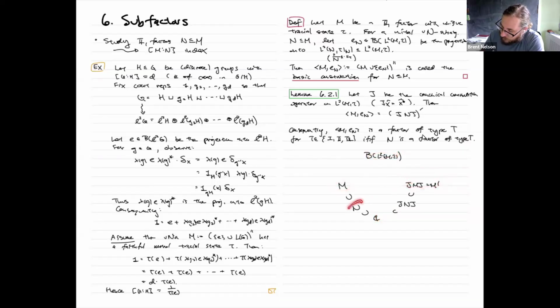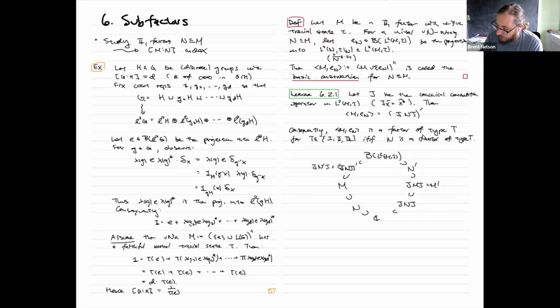So over here, I should put the commutant of N. And that indeed contains the commutant of M because commutants reverse the order of inclusions. And then similarly, I should put over here J N prime J.